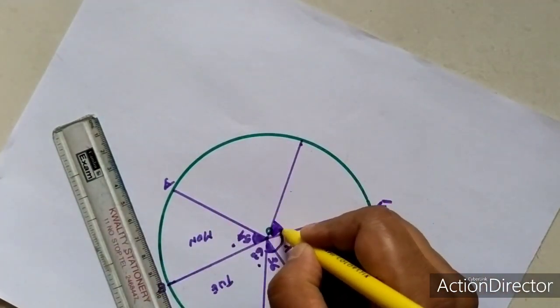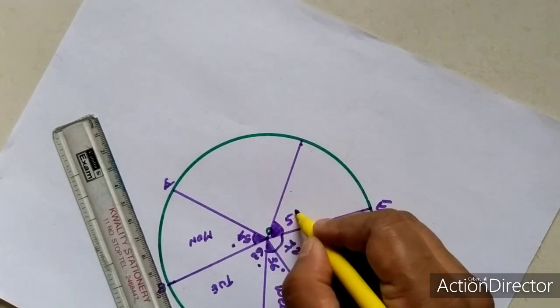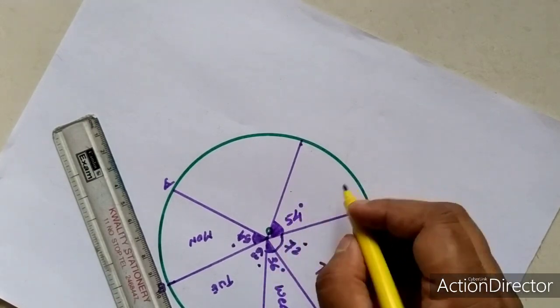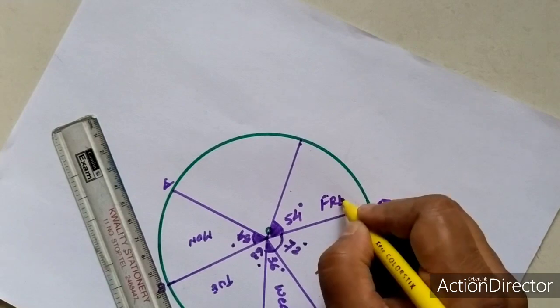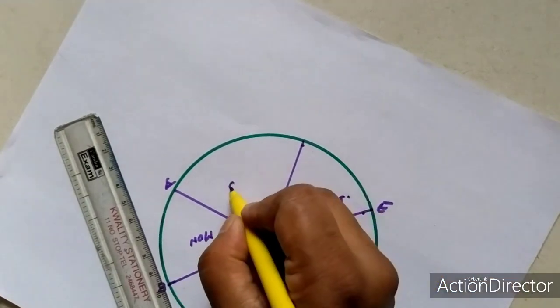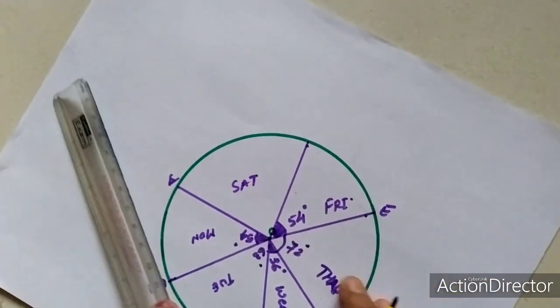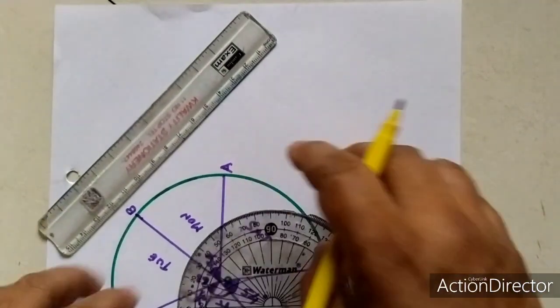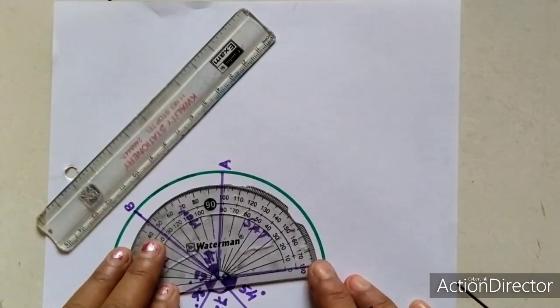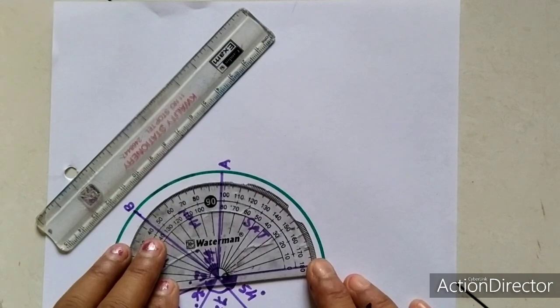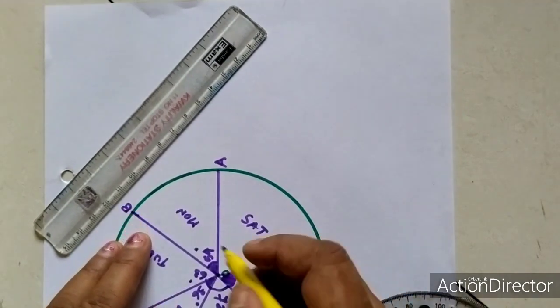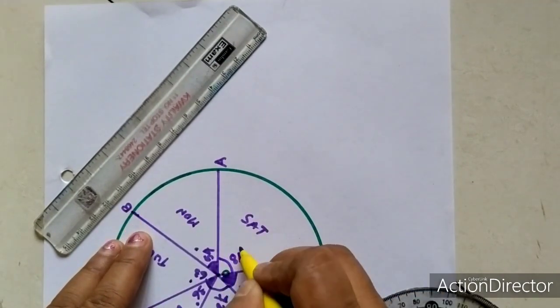So this is 54 degree. It is for Friday, okay. The last one is of Saturday and it was 81. So you have to check whether it is 81 or not. You are not supposed to make it because already it is 81. So this angle you have to write, it is 81 degree.